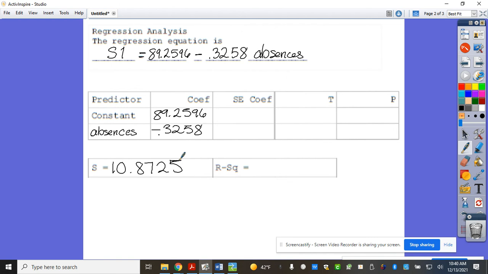Like way back when, if I said explain or interpret standard deviation: the average distance from the mean. Well, since this is residuals, this is the average distance what? And what is that line? Which is our what for the problem? Okay, we said this is the standard deviation of what?